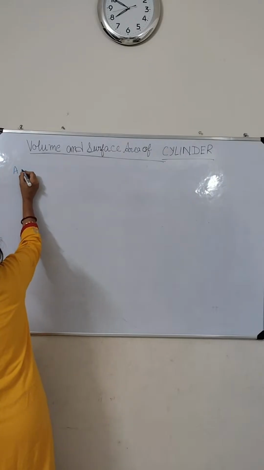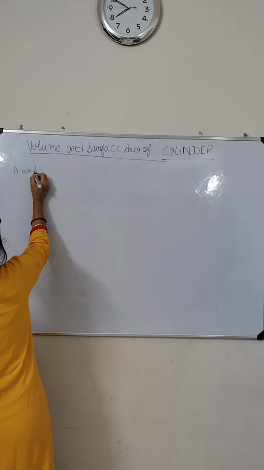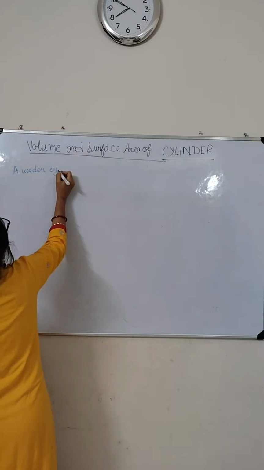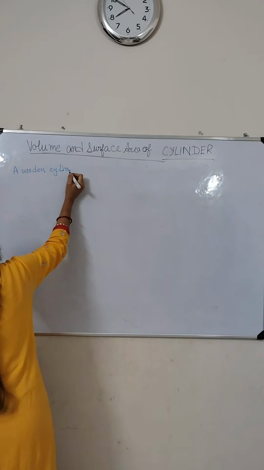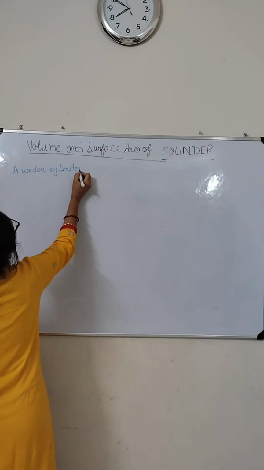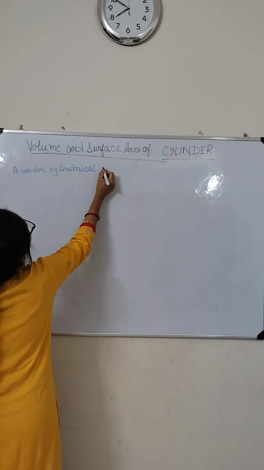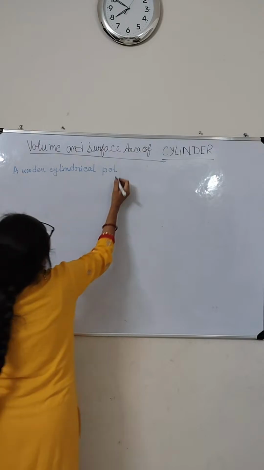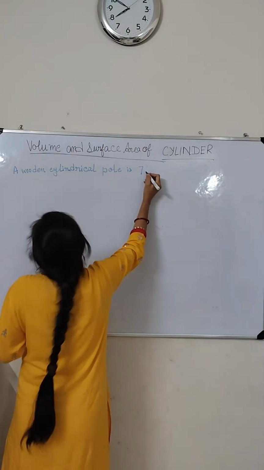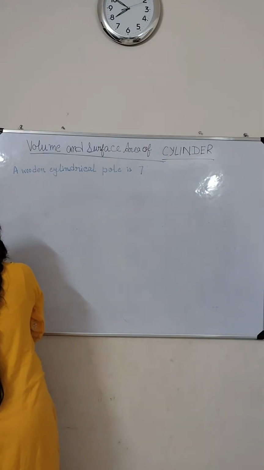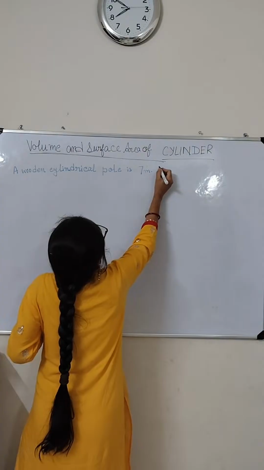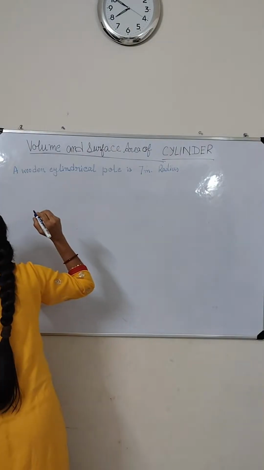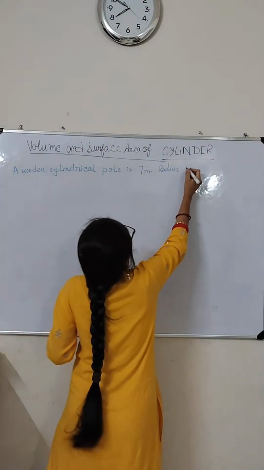A wooden cylindrical pole is 7 meter. Radius 10 centimeter.